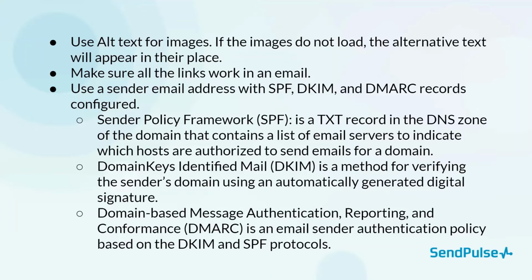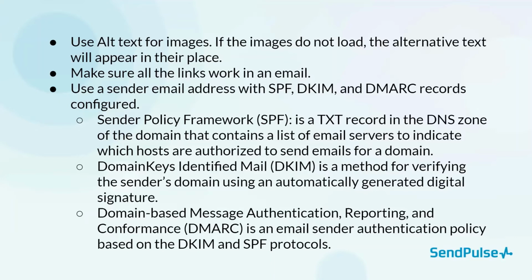We also have the DomainKeys Identified Mail. All these processes are called authentication. You're authenticating your email. So we have DomainKeys Identified Mail, which is DKIM. It's a method for verifying the sender's domain using an automatically generated digital signature. So you're going to have a digital signature generated by SendPulse, which can be used to authenticate your emails.